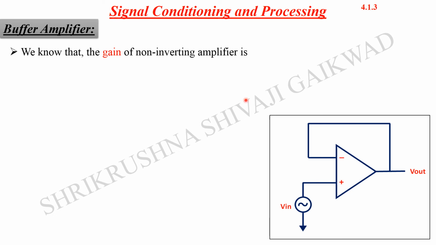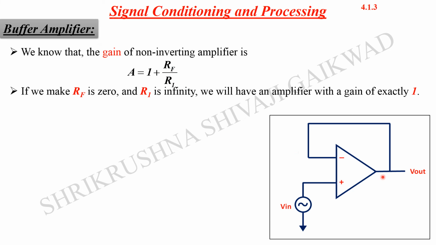The gain of this non-inverting amplifier is A is equal to 1 plus Rf upon R1. So R1 will be the input resistance, and Rf will be the feedback resistance. But there is no feedback resistance present here, so Rf is 0 and R1 is infinite.